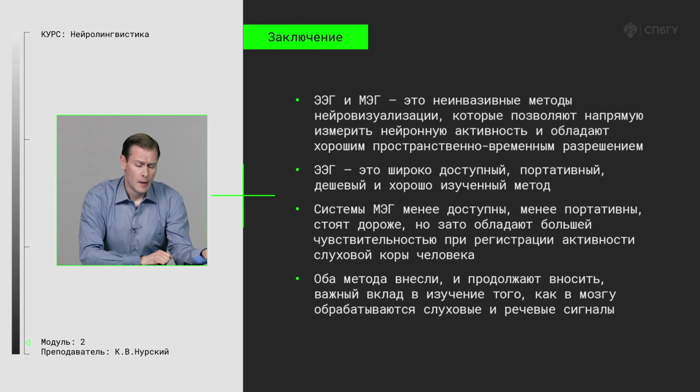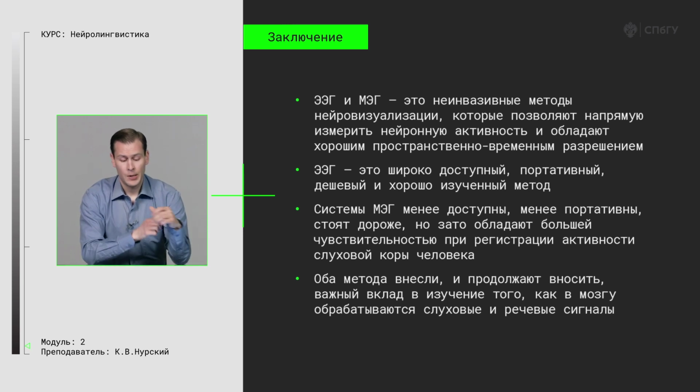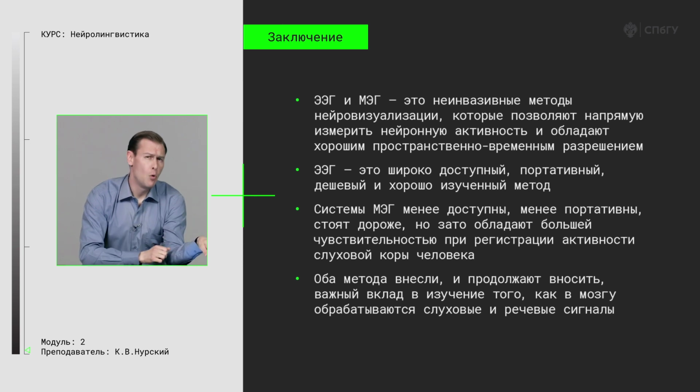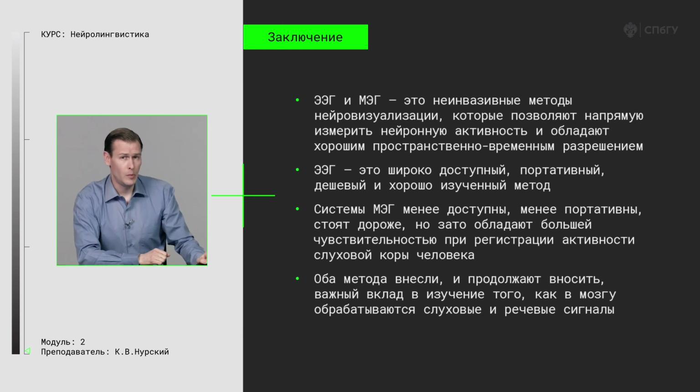On the other hand, the MEG is somewhat less available, less portable, and more costly, but it offers better sensitivity to neural activity that originates from brain sulci, including human auditory cortex. Both methods have made and continue to make important contributions to our understanding of hearing, speech, and language processing.